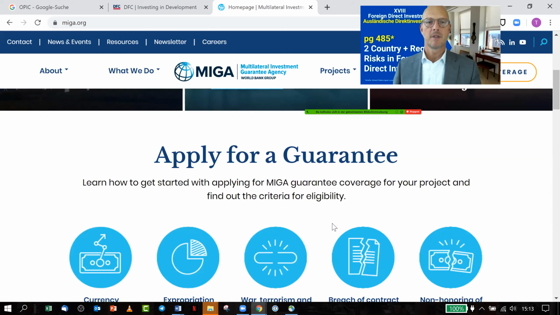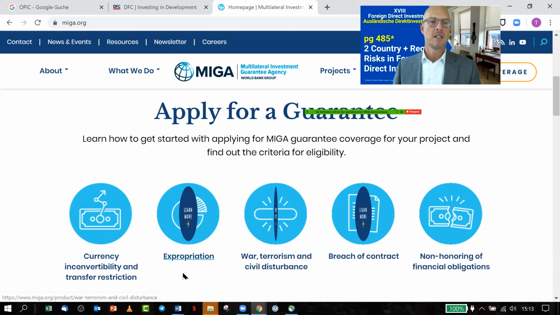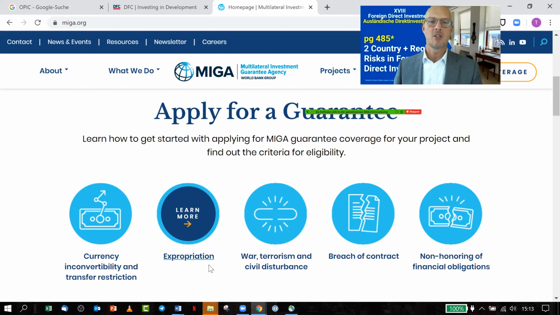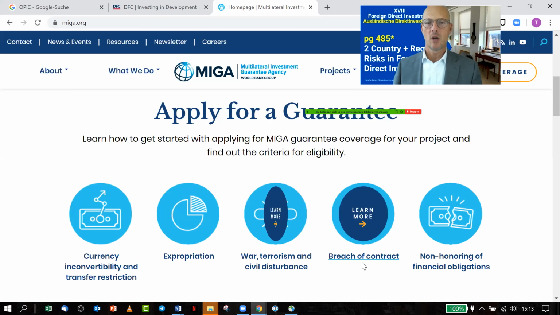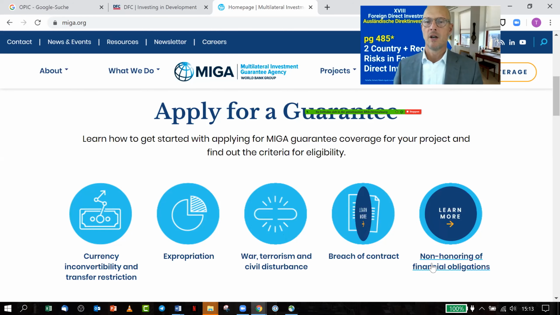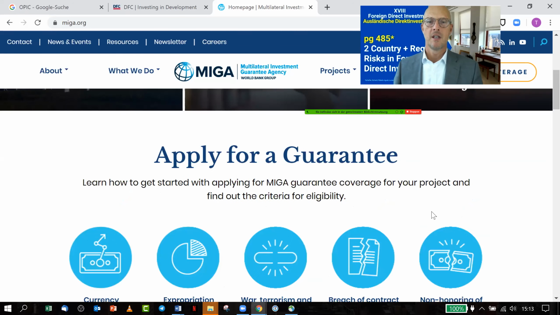So you can apply for a guarantee for currency inconvertibility and transfer restriction, or expropriation, or if there's a war, terrorism and civil disturbance, or breach of contract or non-honoring of financial obligation, right? So you can here get a guarantee that covers your project.